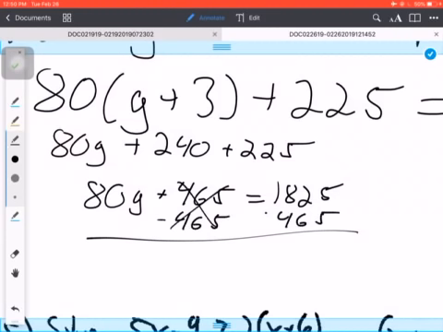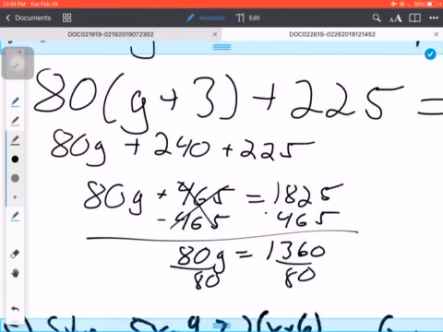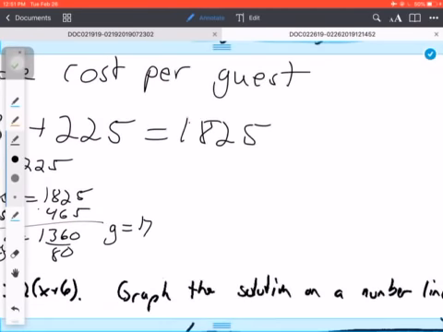This creates a zero pair. I'm left with 80G on the left side. And on the right side, $1,825 minus $465 is going to be $1,360. And if we divide that by 80, we see that G is going to be equal to 17, which means that this company can spend $17 per guest.